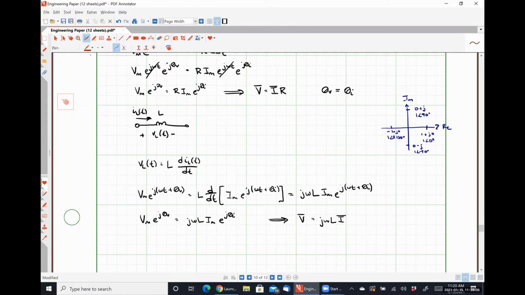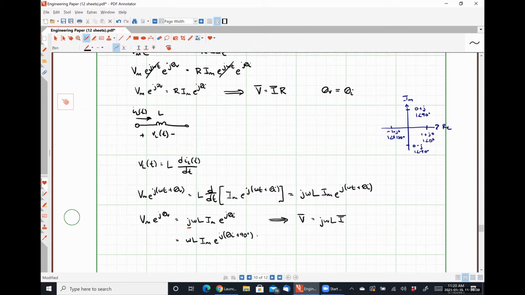So, recognizing that this j is the exact same thing as 1 e^(j90°) allows me to rewrite this as ωL Im e^(j(θI + 90°)).